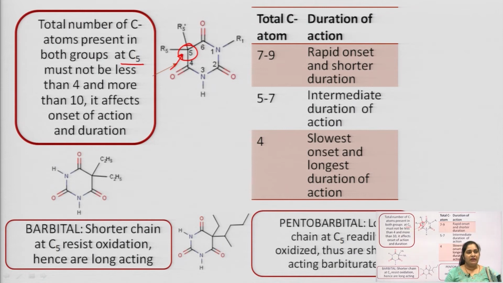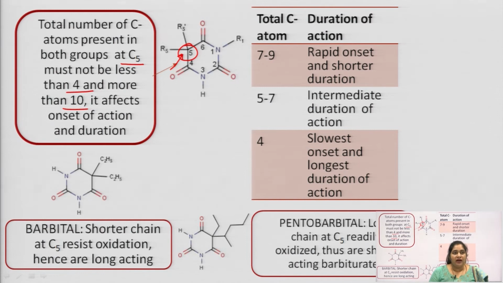We must keep in mind that the number should lie in the range of 4 to 10, means this compound must have at least ethyl substitution. It is not possible that one is ethyl and another one is methyl. So, the total number of carbon atoms is 3, that is not allowed.